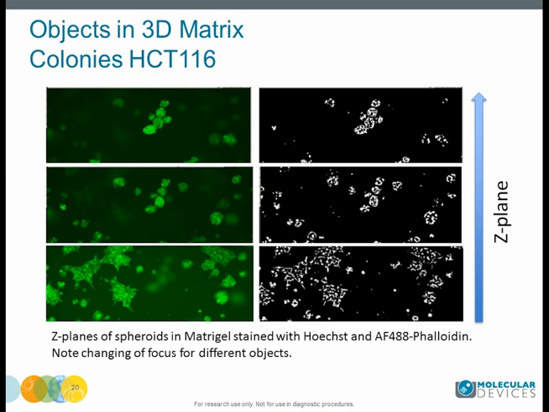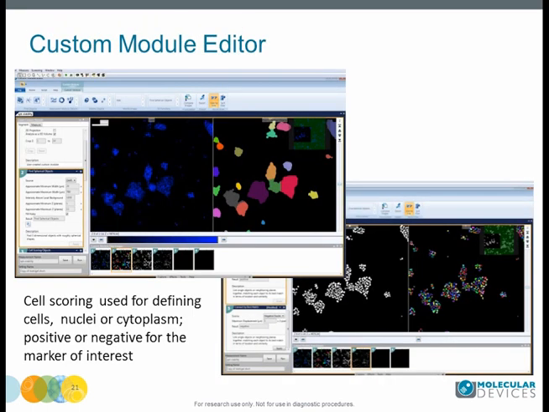Several Z-planes presented here show how the focus changes for different objects when moving in the 3D dimension. Analysis allowed defining cells in different images and then connecting those in 3D space. A custom module allowed count and characterization of individual spheroids and also count of numbers of live and dead cells within spheroids.